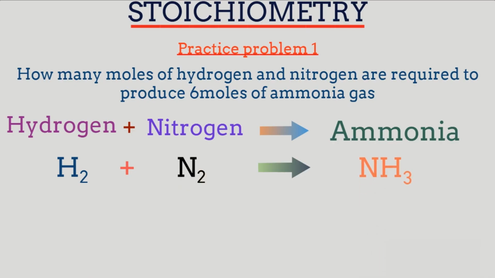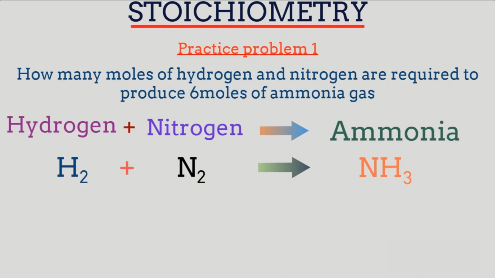Now let's balance this reaction. We have 2 atoms of hydrogen and 2 atoms of nitrogen on the reactant side, 1 atom of nitrogen and 3 atoms of hydrogen on the product side. So we need to make the number of atoms equal on both sides for each element.